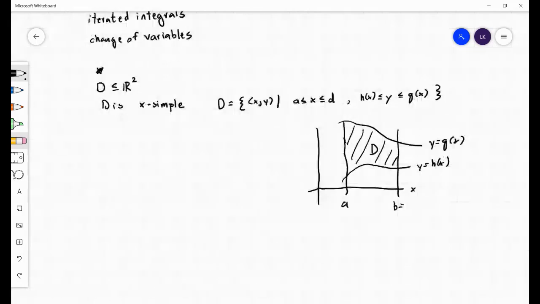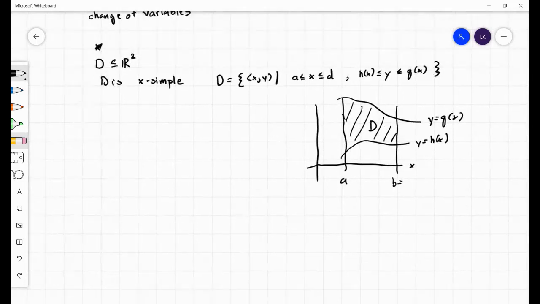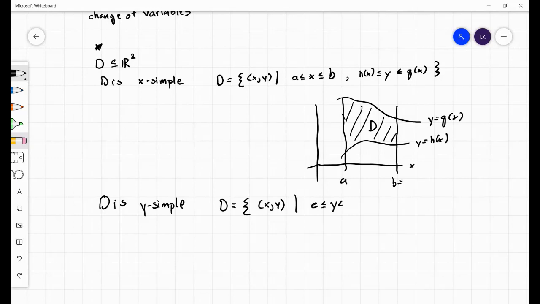Okay, good. And so it's just as simple then to define D as domain being y simple, of course. It's just a domain or a region that can be described by y being between, I have no idea why I use D. So now y is between 2 numbers. And then x is bounded by 2 functions of y.